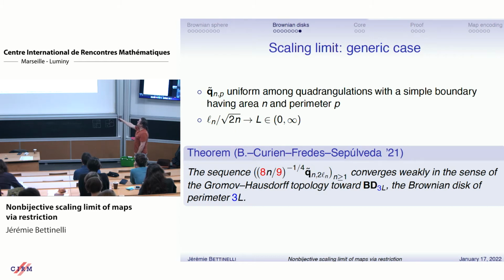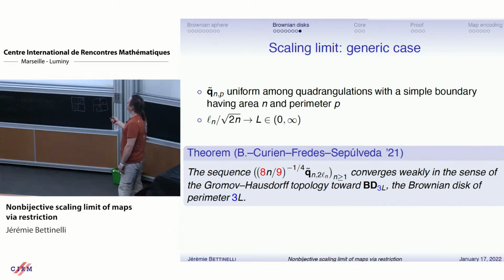So the result is almost the same. You take a uniform quadrangulation, here I put a tilde on top. So here it's still n the number of faces and p the length of the boundary. If the length of the boundary is in the regime root 2n, we still have convergence to the Brownian disk. The difference is that here we have a 3L.